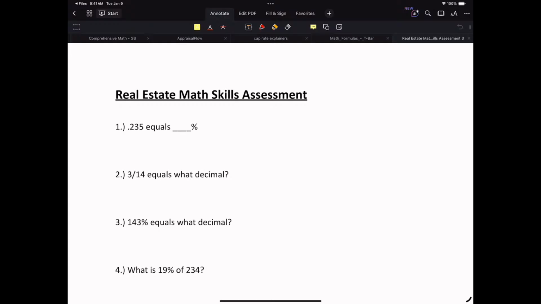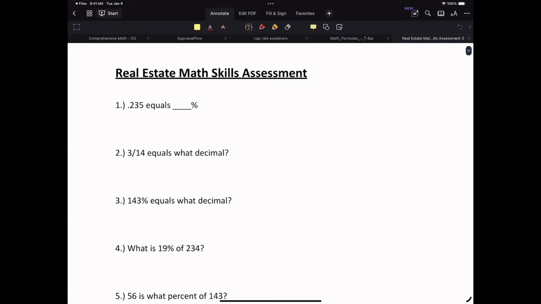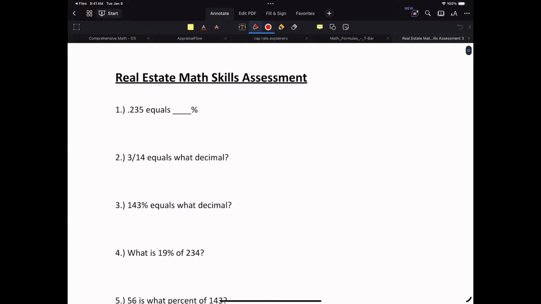0.235 equals what percent? Well, if you're trying to learn or remember how to do decimals, you might want to remember Dr. Pepper. If you can remember Dr. Pepper, then this can tell you how to go from a decimal to a percentage. We know there are two letters there, and that tells you how many places you're going to move your decimal.